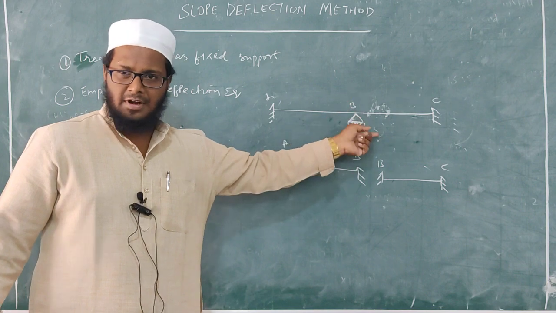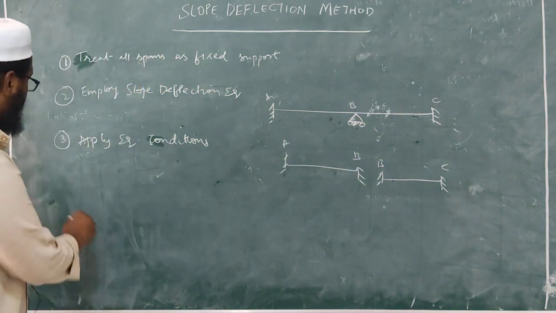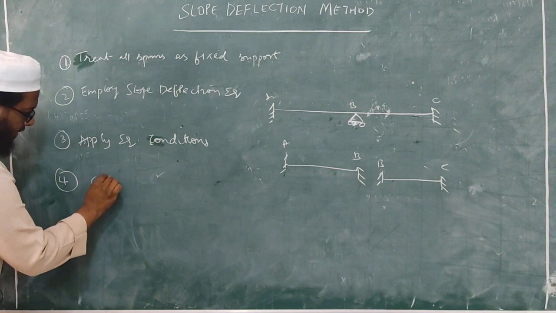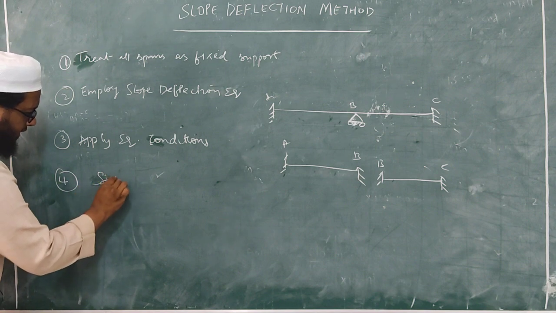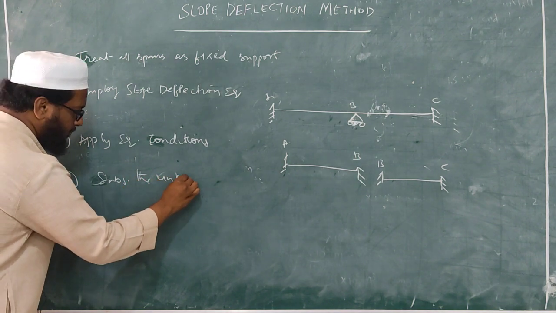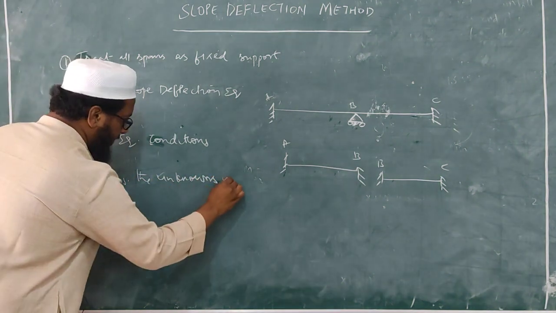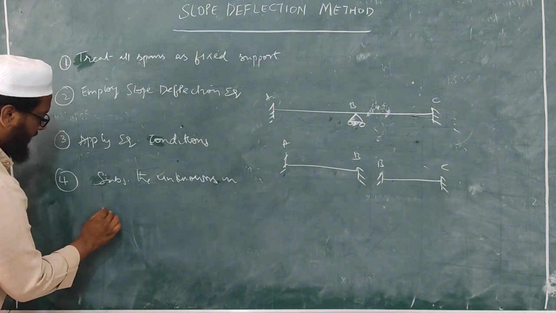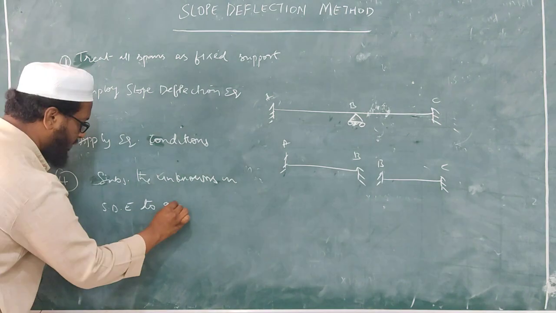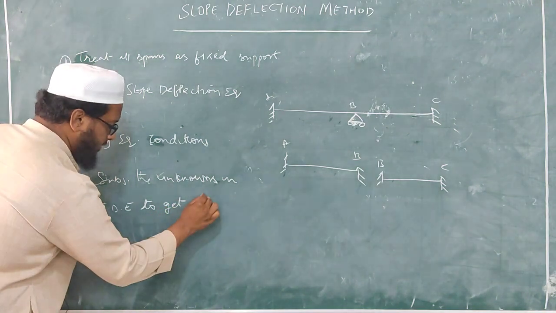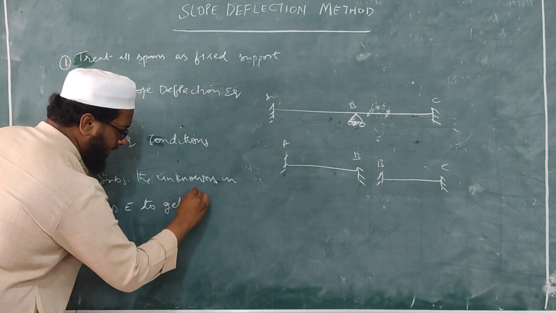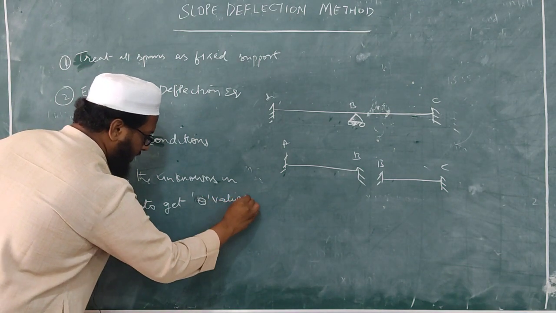It is very simple. Okay, then the fourth step will be to substitute the unknowns in the slope deflection equations to get the theta values.